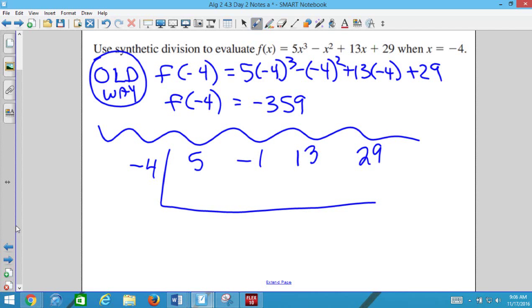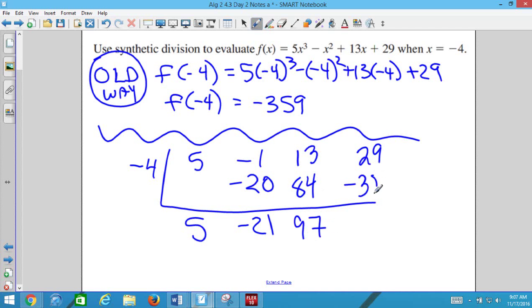Okay, so what you do is you bring down the 5, multiply -20, add -21, multiply positive 84, add 97, multiply -3, is it 88? Thank you. 88, add -359. Whoa. The remainder is the answer.